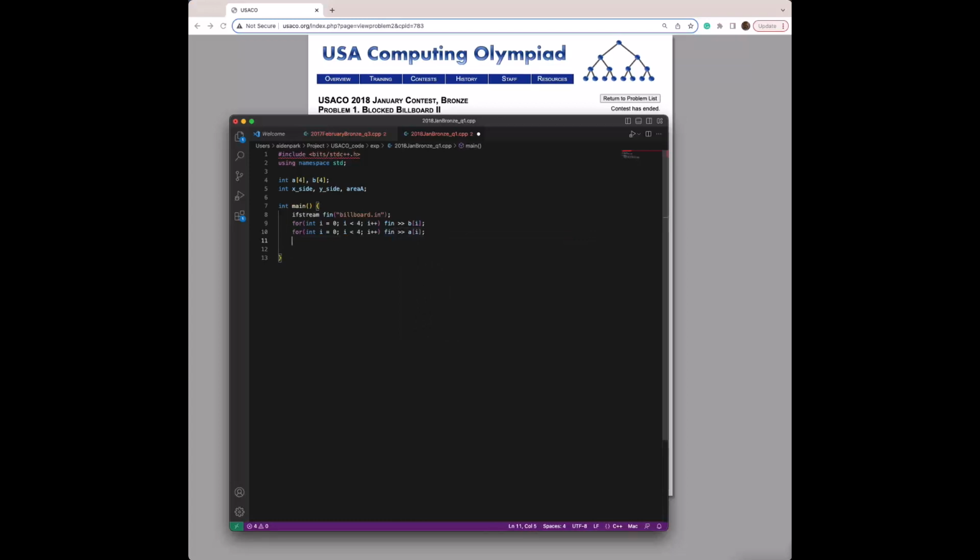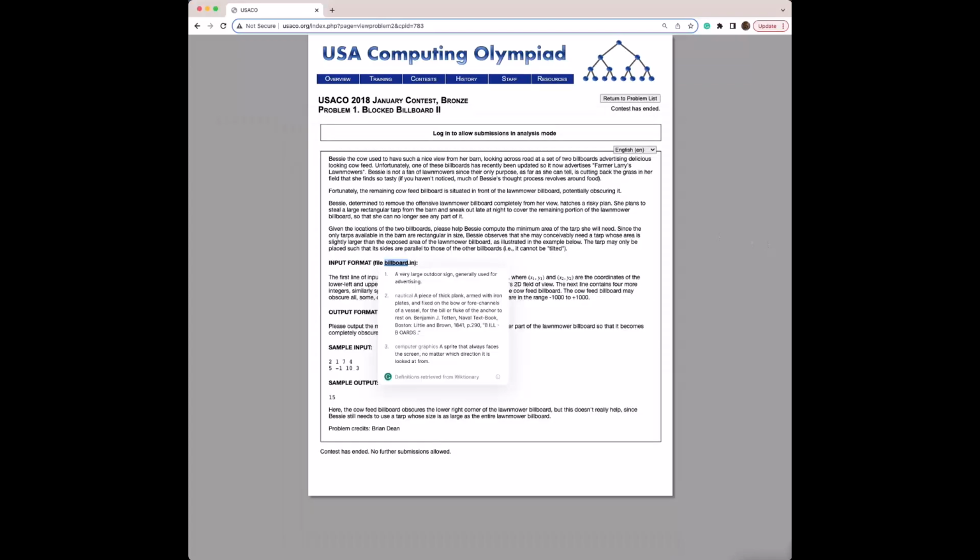Okay, so we're going to be looking at our first case first. Of the first case where the x coordinates of the good billboard are overlapping that of the bad billboard, actually, let me just clarify. What I mean by overlapping is that, let's say these are the x coordinates of the good billboard, then these are the x coordinates of the bad billboard, and you can see that this one is less than this one, and this one is greater than this one.